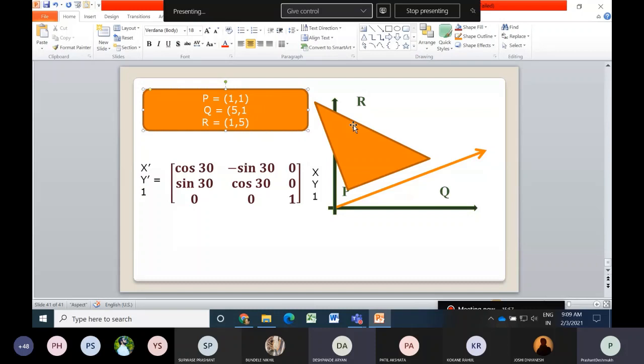The rotation is 30 degrees. Calculate and tell me the answer.